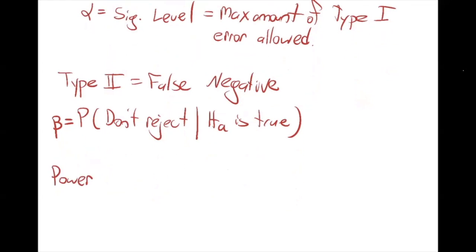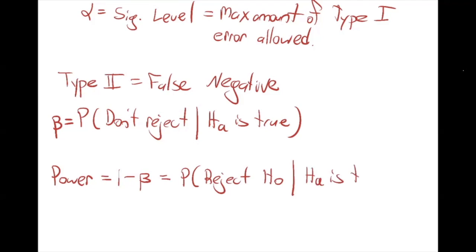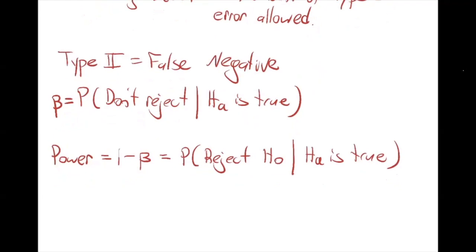And then what we talked about last time, where we ended things, was the power of the test. It's the converse of the type 2 error.